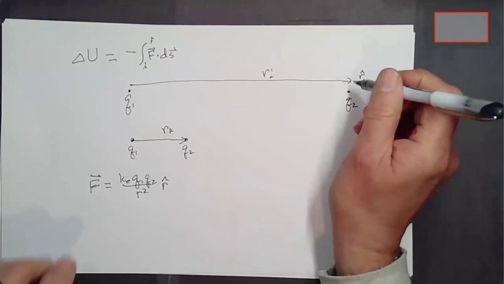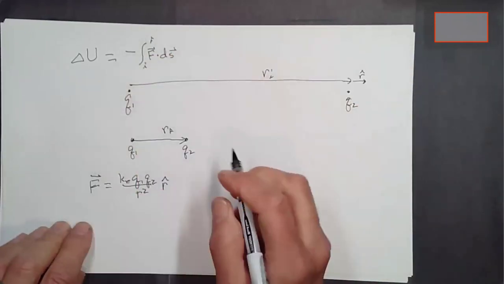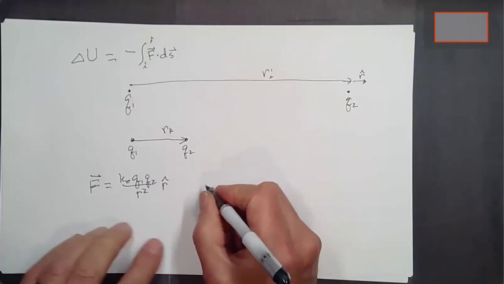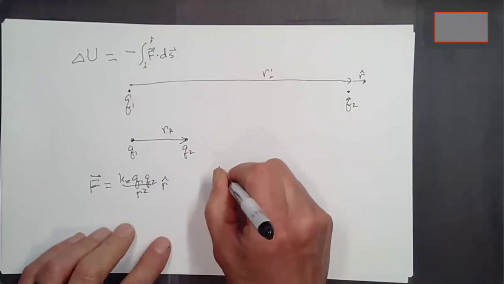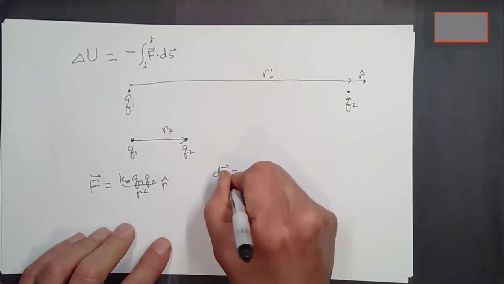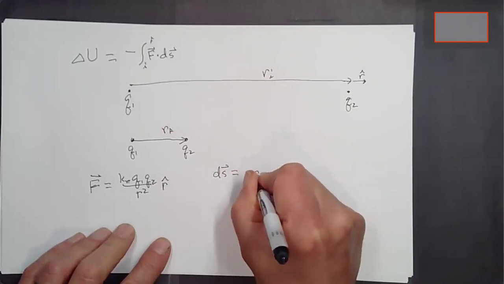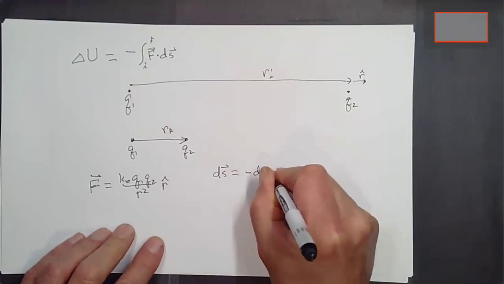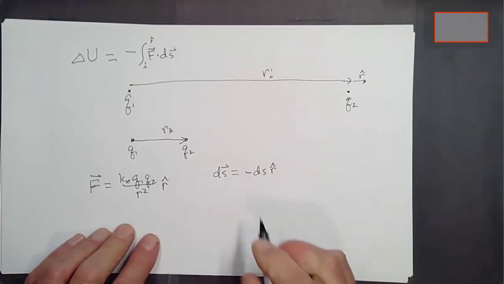I'm just going to move along a straight line here as I'm coming in so that ds as a vector is going to be minus ds in the r hat direction.